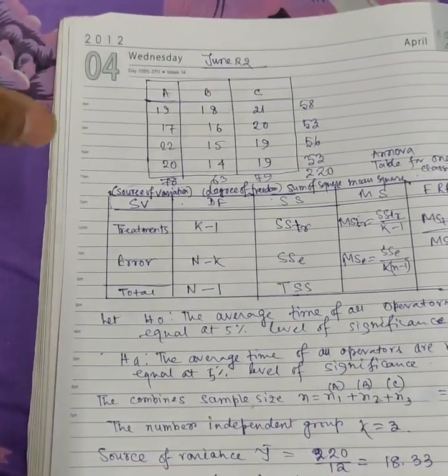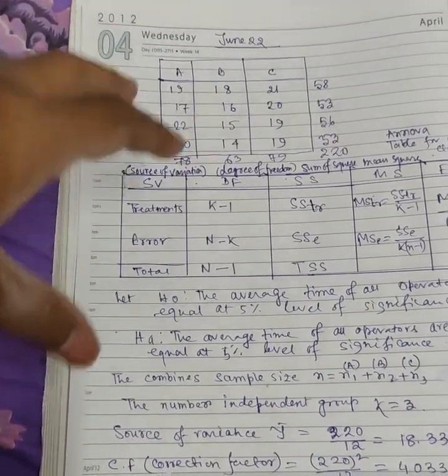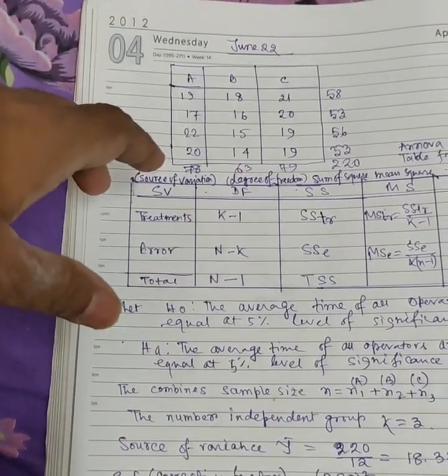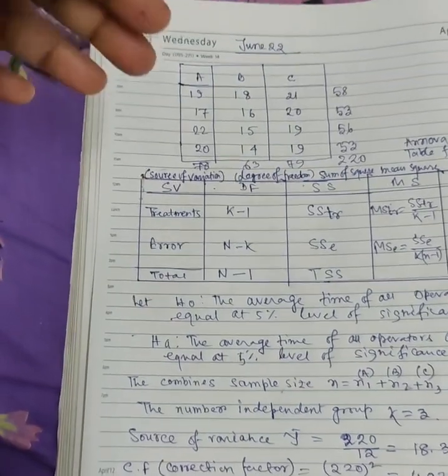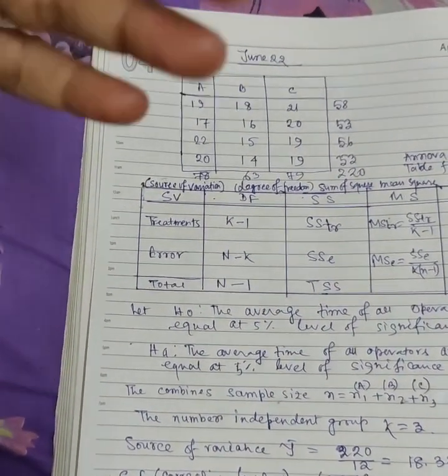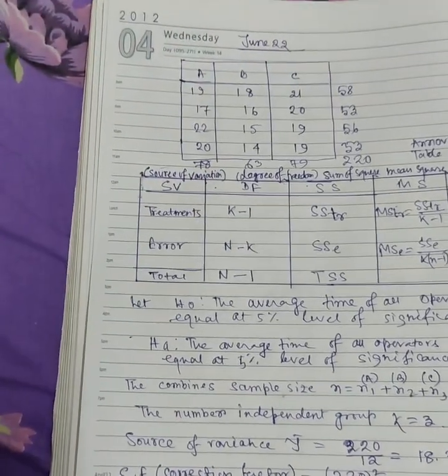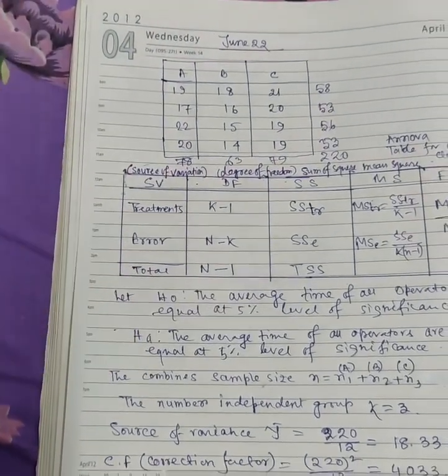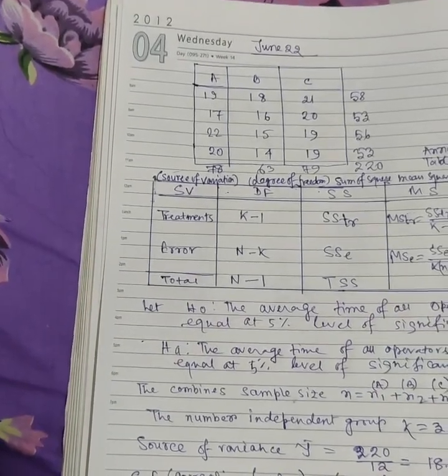You have been given some value for the F test. You compare it with your calculated value and check whether it is greater than or less than. This is the main funda.